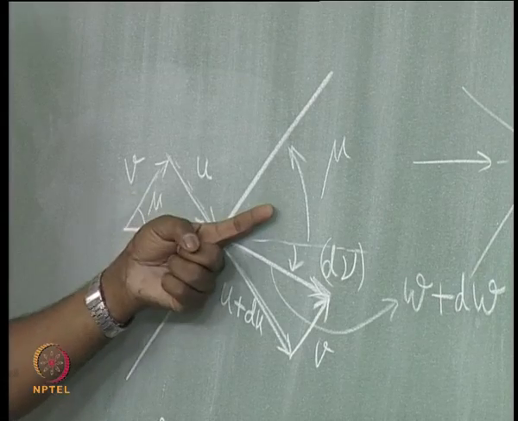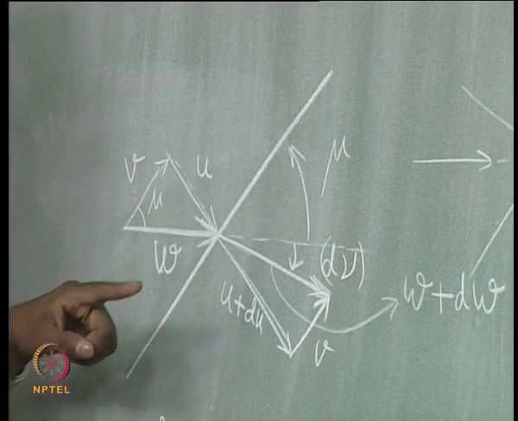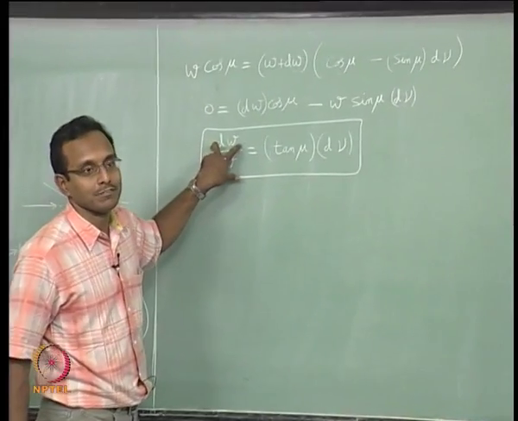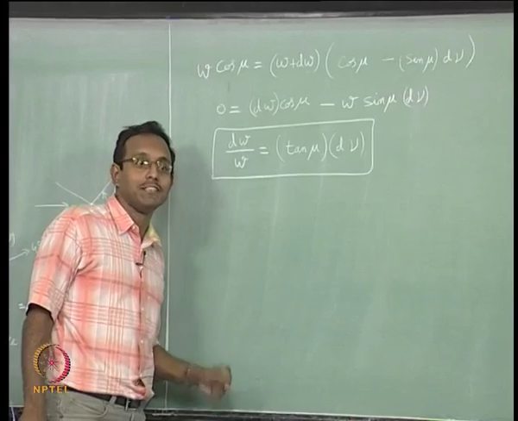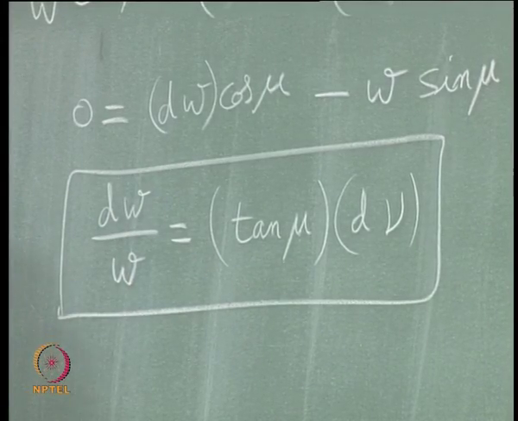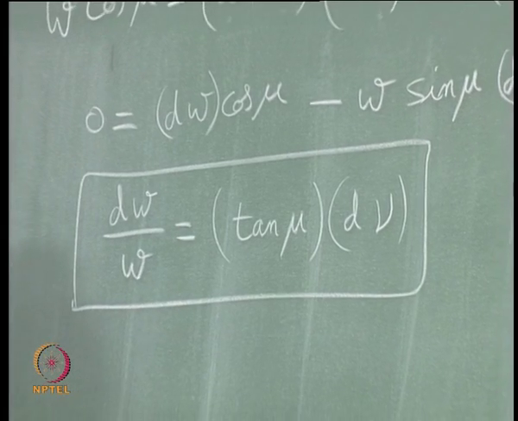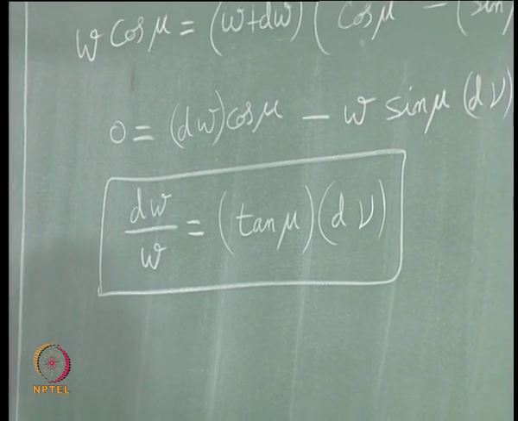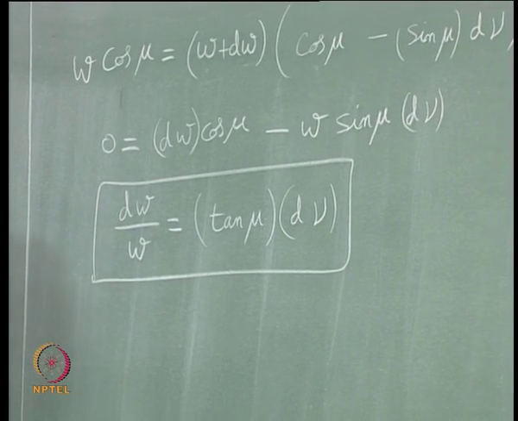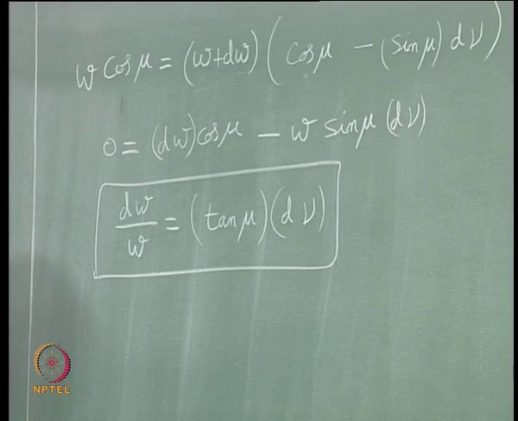The flow vector will go the other side. If that is the case, automatically this expression gives me dw is negative, which means my velocity decreases. That is what I am getting here, which means that will correspond to a Prandtl-Meyer compression wave, a single compression wave we are talking about, almost isentropic but compression wave. That is the answer you will get from that.